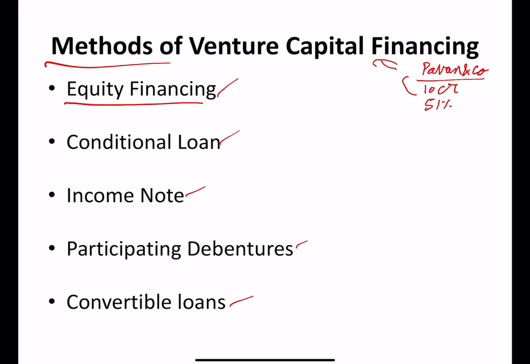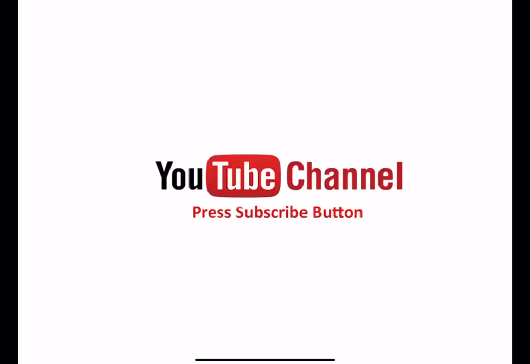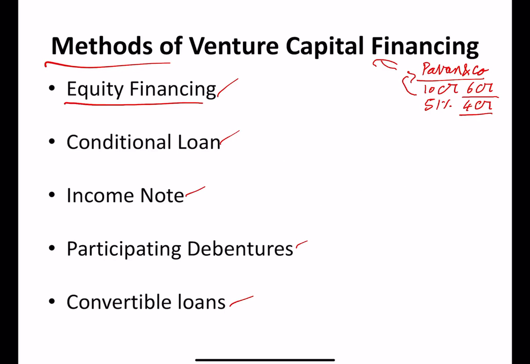I should at least contribute 51%. For example, 6 crores I should invest in my company. The remaining 4 crores are invested by venture capitalists, which accounts for 49%.